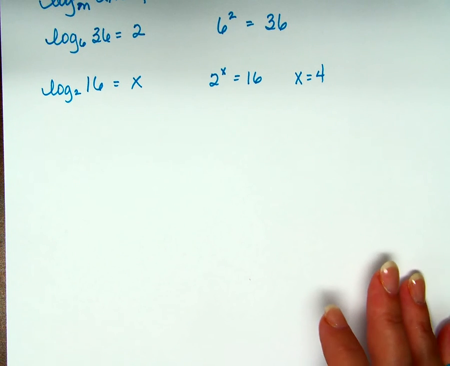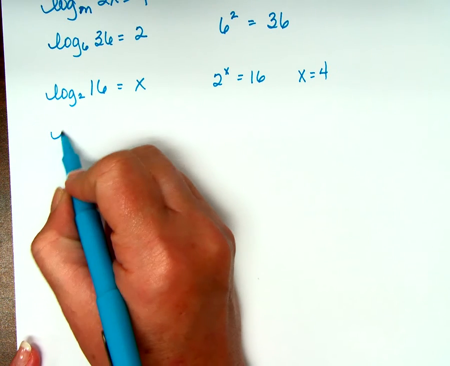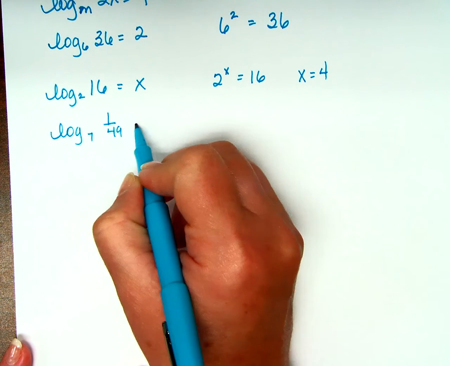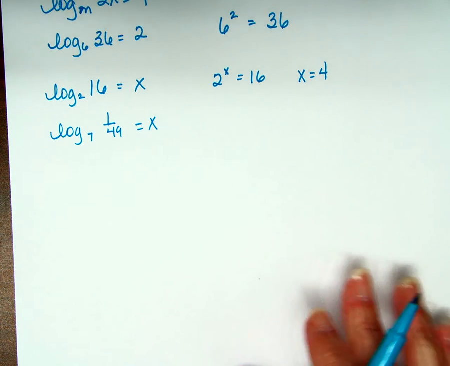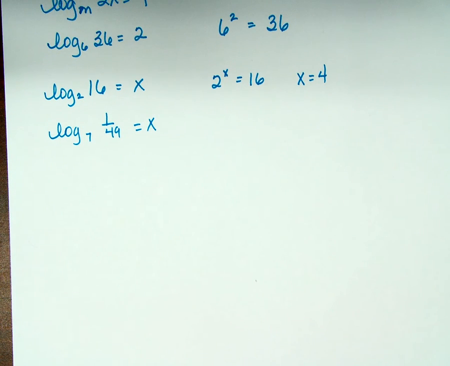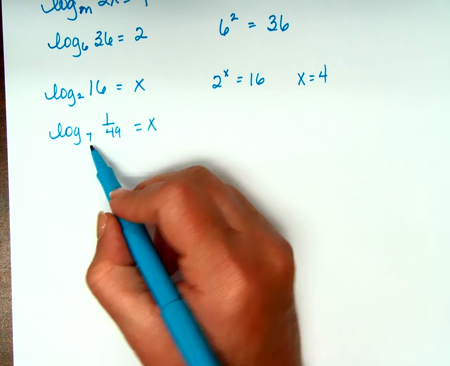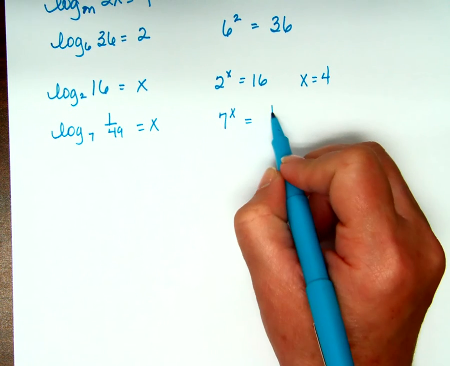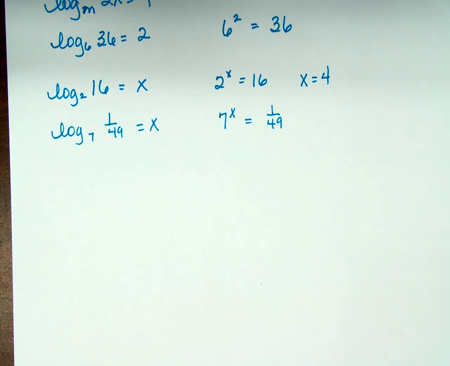What if it was something like this? Log base 7 of 1 over 49 equals x. What would that look like if we wrote it in exponential form? 7 to the x equals 1 over 49. Well, if it was 7 to the x equals 49, you would automatically know that answer was 2, right?